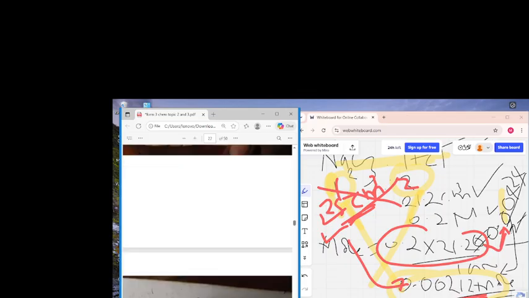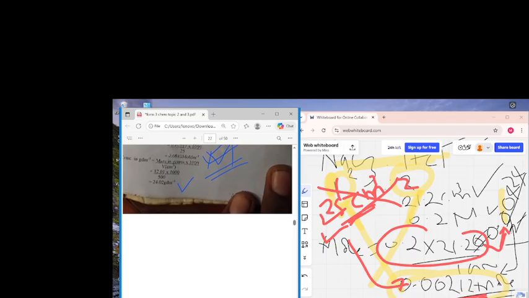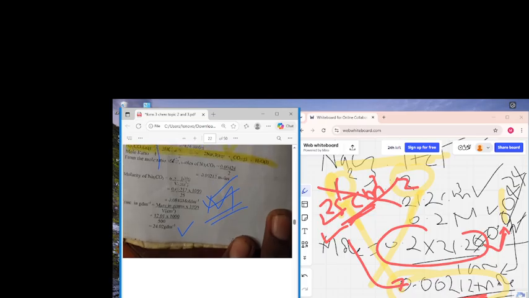After that, let me clarify something here. When we are looking for concentration, we are using 500 centimeter cubed because the solution was made up to 500 centimeter cubed.